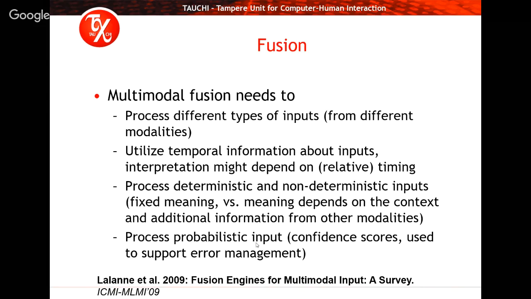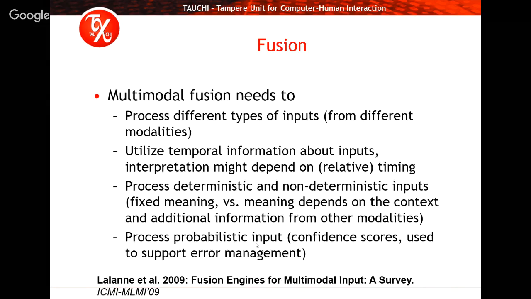But now when we have this multimodal fusion going on, we might combine information from the different modalities, and based on that, we might find out that what the speech recognition thinks the user most likely said doesn't really make sense considering what sort of gestures the user was making. And therefore, we choose the one that best matches the gesture and the speech, where they are most compatible. And of course, both of them can have some probabilities.